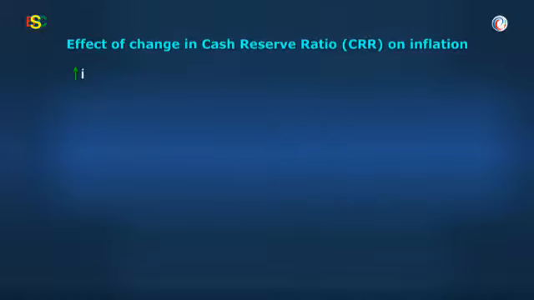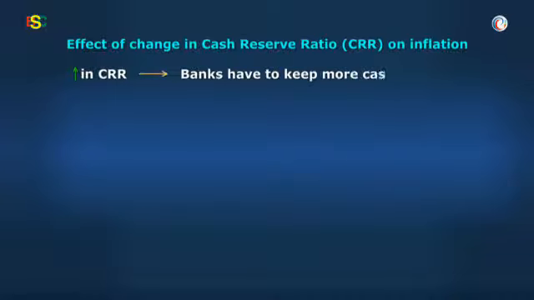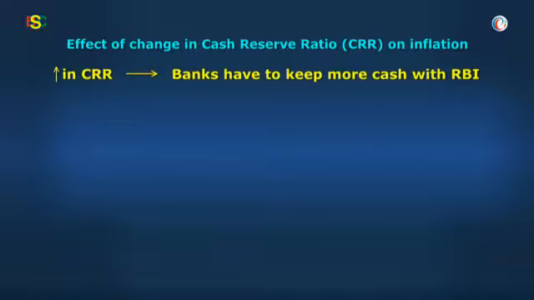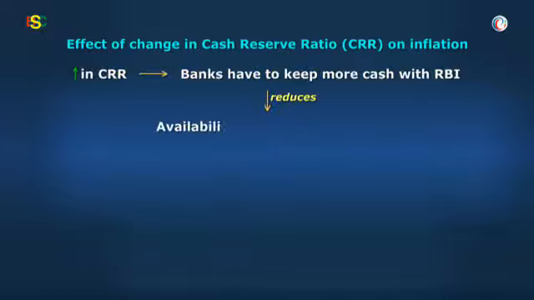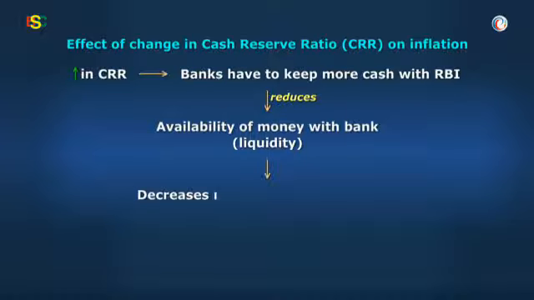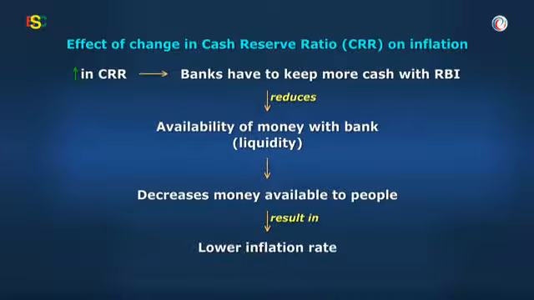Thus, with an increase in CRR, banks have to keep more cash with the RBI. This reduces the availability of money with the bank, or say liquidity, which in turn decreases the money available to people. This will result in a lower inflation rate.